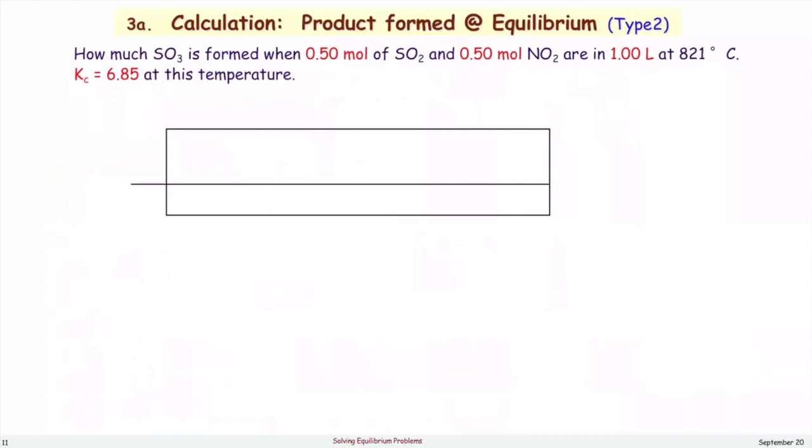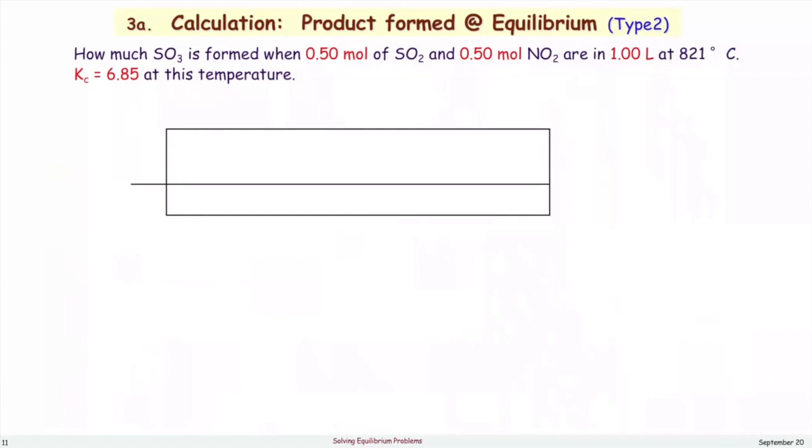So let's take a look at an example. Here we have sulfur trioxide, and it tells you how much SO3 is formed. Now you've got to make sure that you know how to read word problems. And I know some of you get confused by the vocabulary, but when it says formed, you know it's a product.